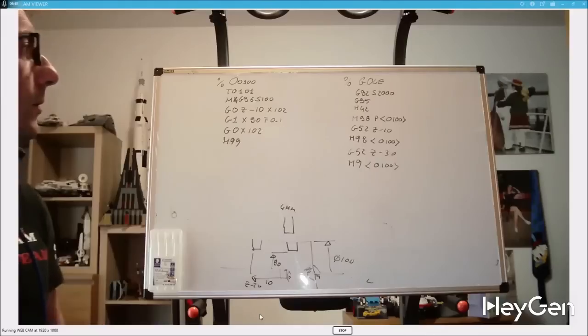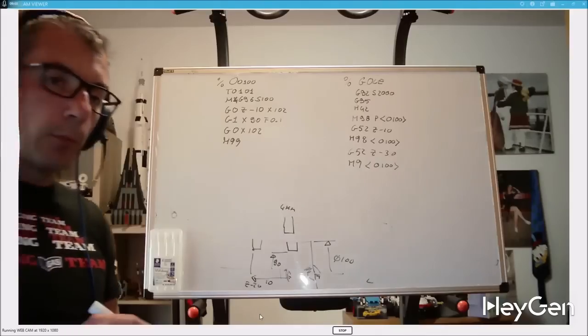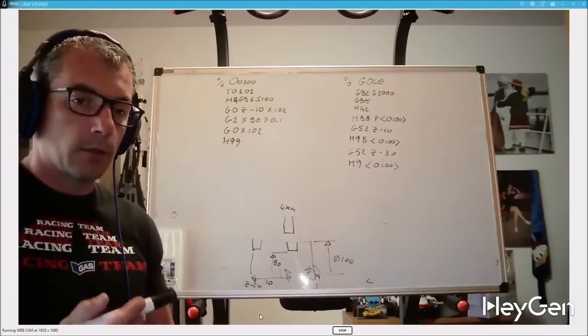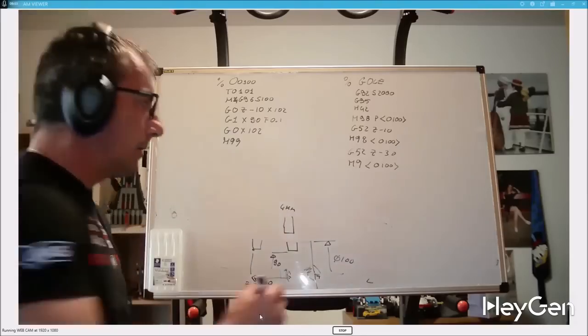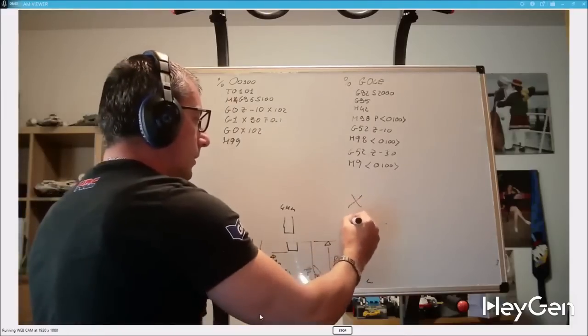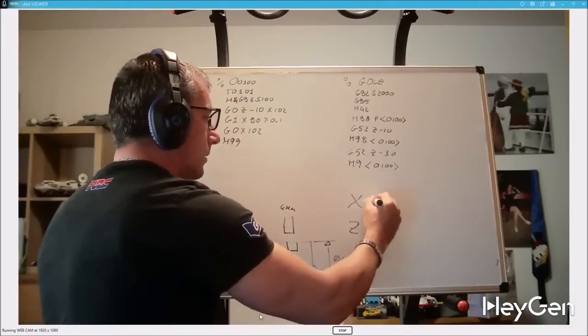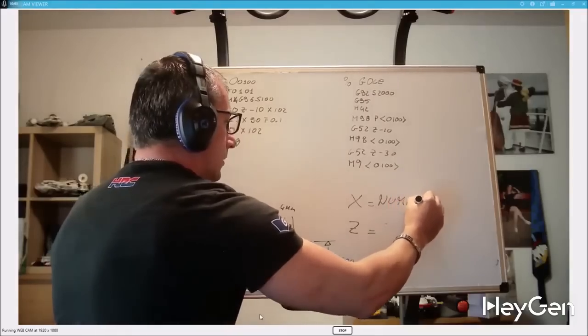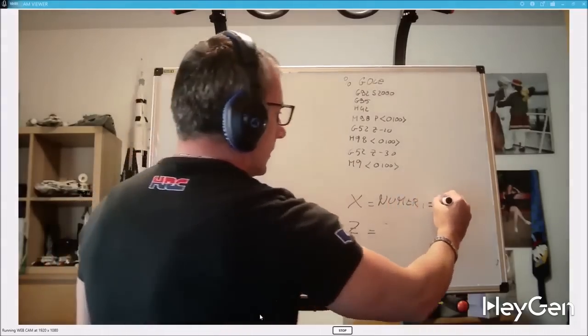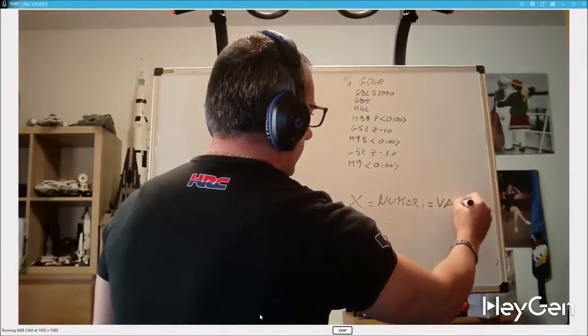Remember this. I'm just planting a seed in your mind because I'll make a suitable video about it. We're used to seeing X and Z as numbers. In reality, X and Z can be values.